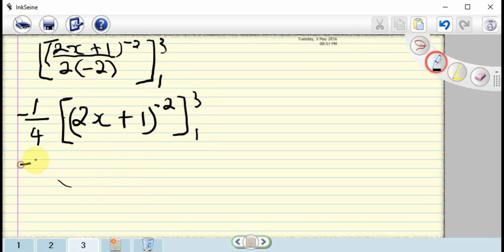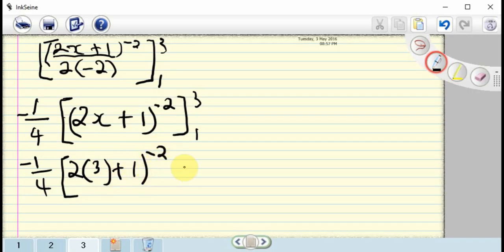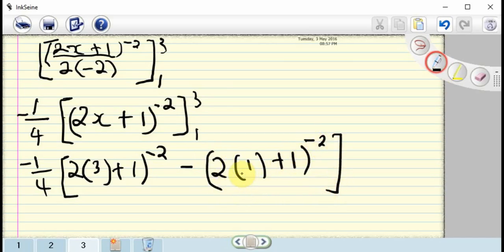So that's going to be negative 1/4 times, upper limit, 2 times 3 plus 1 to the negative 2, minus 2 times the lower limit, 1, plus 1 to the negative 2.